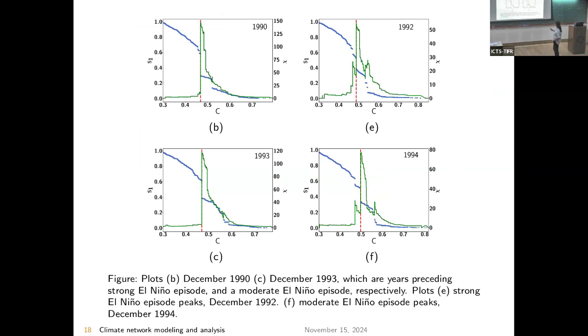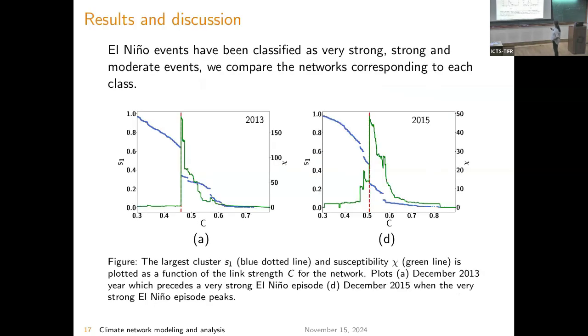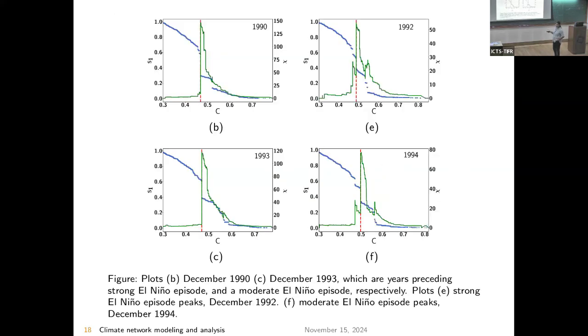Why is it like that? Because certain episodes started, like this episode started in 2014 itself and peaked in 2015. So we have taken the indicator year as 2013, whereas this moderate El Nino started in 1994. So if you look at the calendar year, that makes it easy.